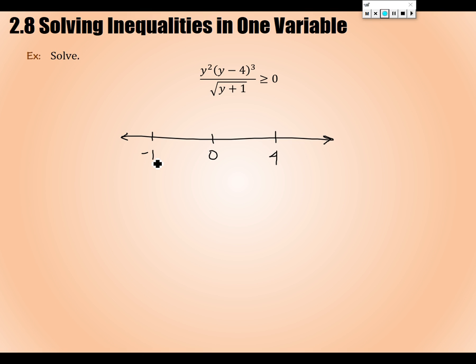What happens to the left of negative 1? Yeah, it's undefined. In between negative 1 and 0, what do we get? Plug in negative 1/2, say. You get something positive times something. What will this be if you plug in negative 1/2 for y?